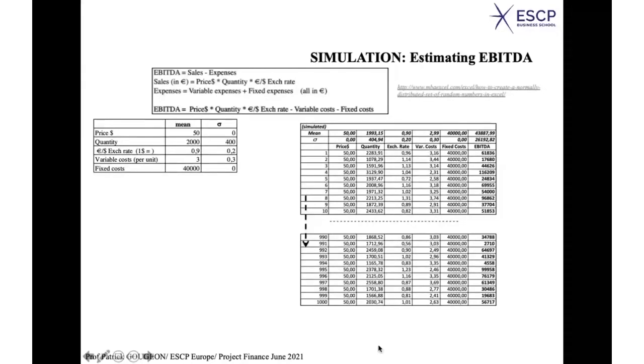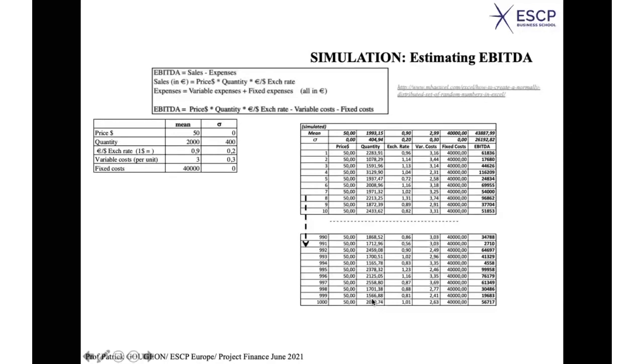And I was saying that if you want to know how to generate such a distribution with a mean of 2,000 and a standard deviation of 400, go to this web link and you have the explanation. It can be used with Excel. So I did the same for the exchange rate with these assumptions here, and the same for each parameter.